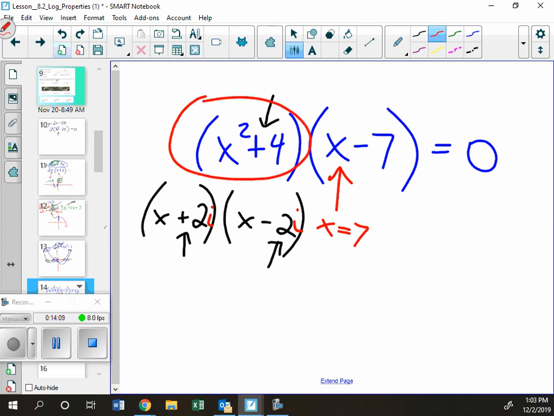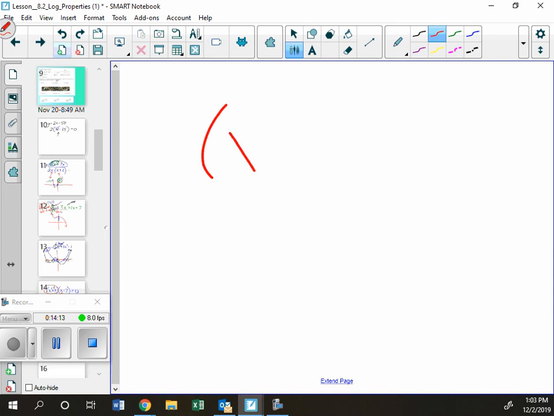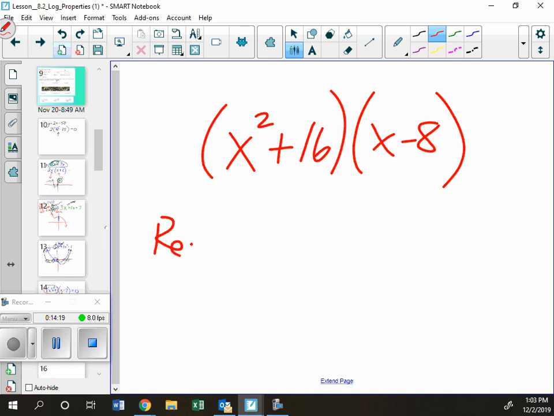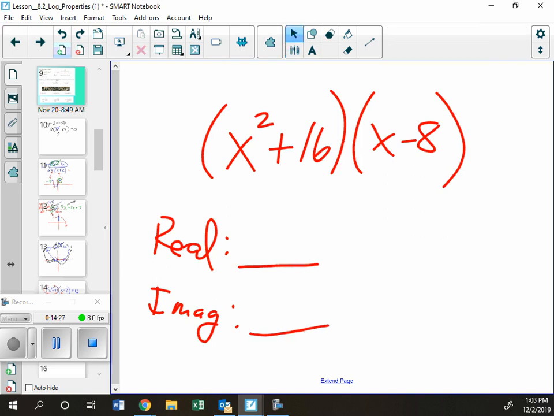Whew! Hardcore factoring. Let's see if you can handle that on a different problem. x squared plus 16 and x minus 8. There's real roots and there's imaginary. Sometimes they just call them non-real. Would you tell me what the real roots and what the imaginary roots are?